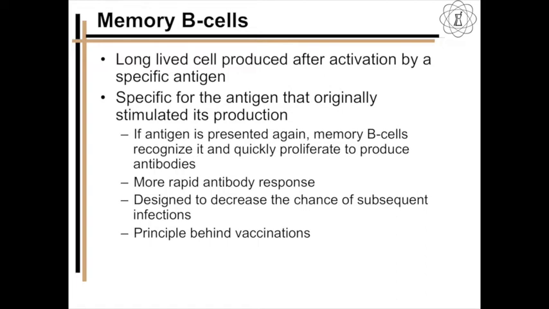So what the body has developed is something called the memory B cell system. Memory B cells are long-lived cells. So basically, you see an antigen, and we have some plasma B cells that are going to start making stuff very quickly that hopefully is going to get rid of this antigen.